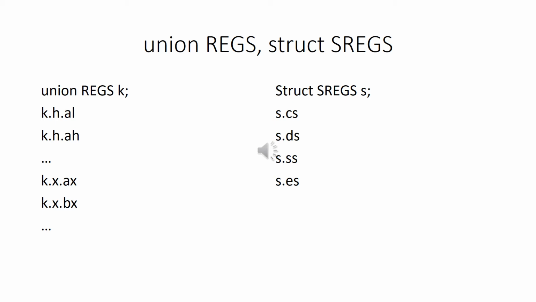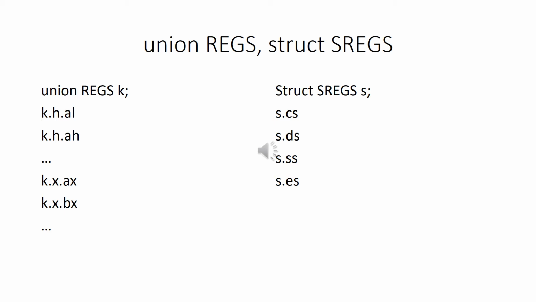That means to access all the 8-bit registers, we have to use K.H, and if you want to access any 16-bit register, it should be K.X. For example, K.X.AX, K.X.BX. So in general, we have 4 16-bit registers and 8 8-bit registers, so they are used accordingly.